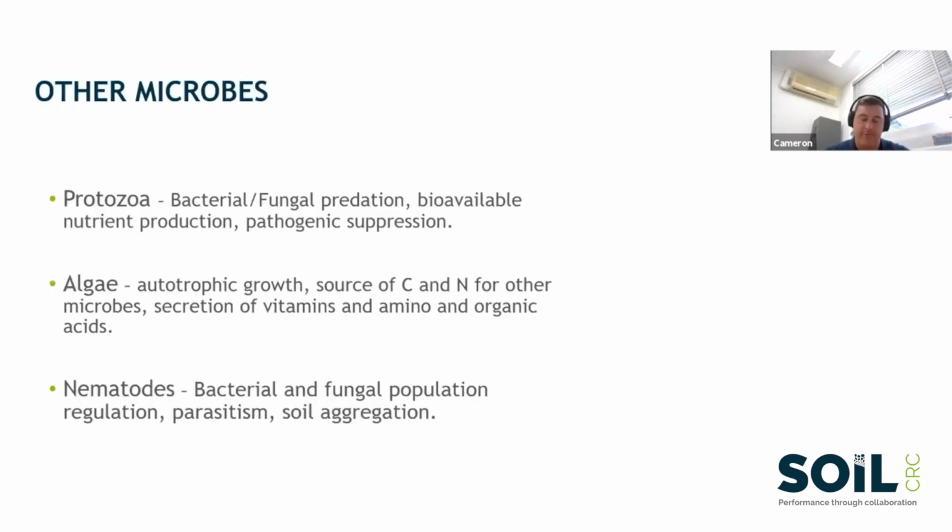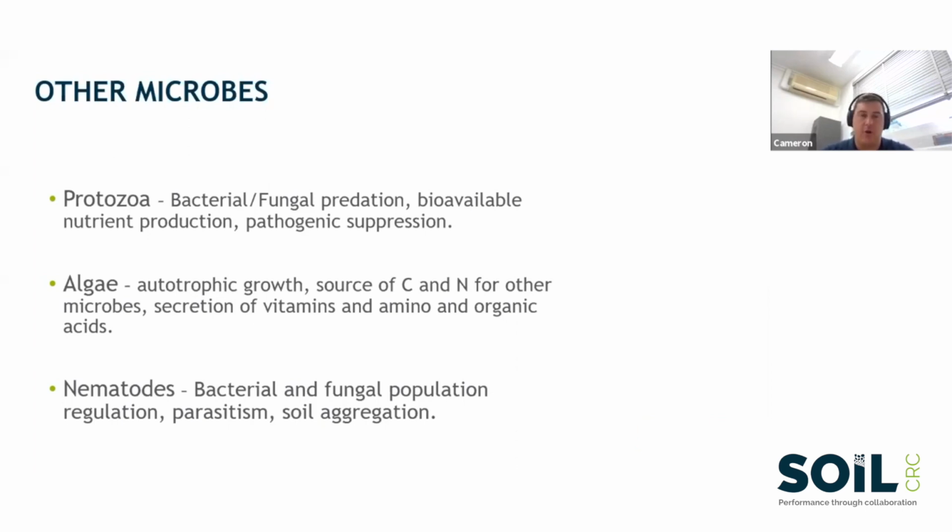So I want to talk about fungi and bacteria, mainly because they're the two major players in the soil, but there are other microbes at play. And so your protozoa are very important, they feed on bacteria and fungi. So they're sort of not just the pathogenic bacteria, but they do feed on sort of the beneficial ones as well.